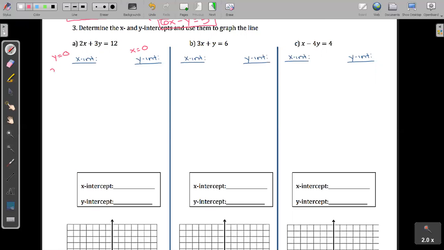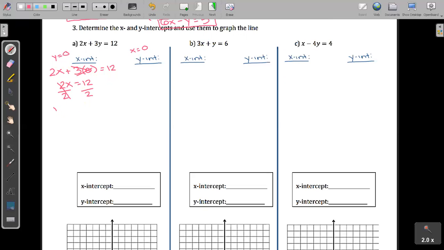We have 2x plus 3y, we're going to put 0, is equal to 12. And we're going to solve this equation. 3 times 0 is 0. So it cancels out. We bring down everything else as is. So 2x equals 12. Now we need to divide both sides by 2 to get x by itself.